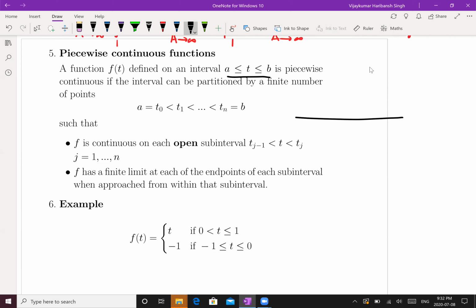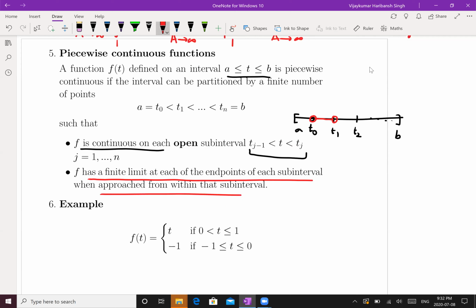So what you're doing is the following. You have a to b, you are partitioning it into t0, t1, t2, and so on, and you want f to be continuous on each of these intervals. It should be continuous inside. What about at the endpoints? At endpoints, it should have a finite limit when approached from within the interval.